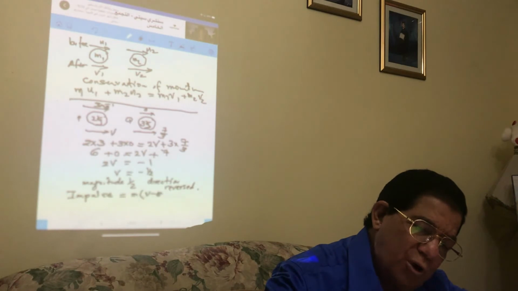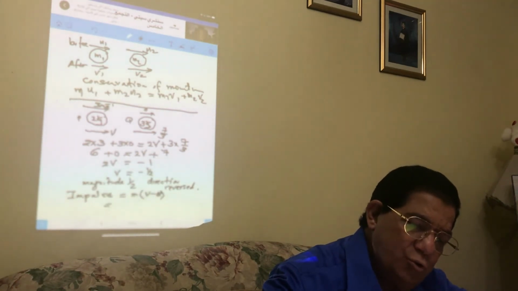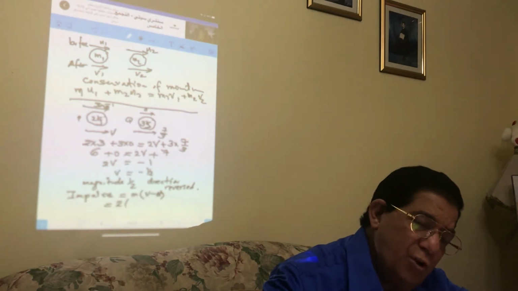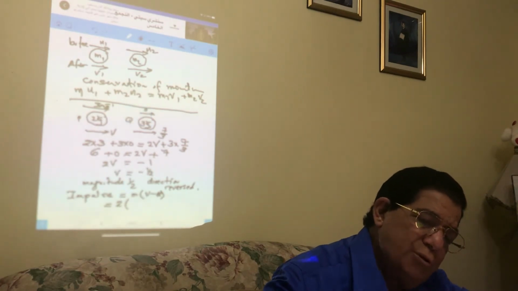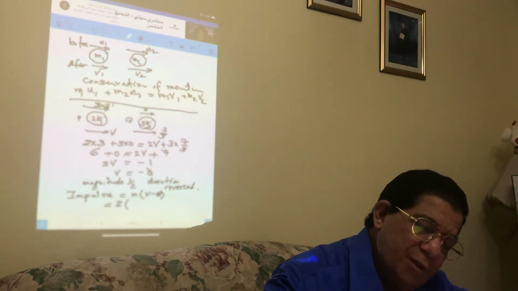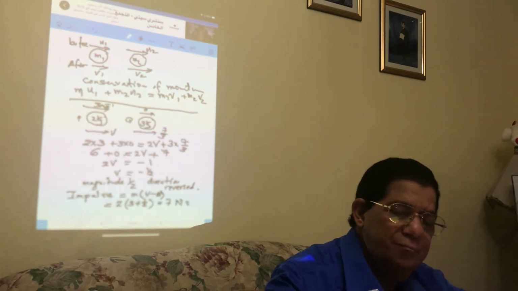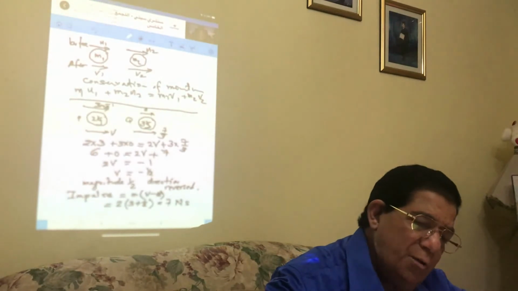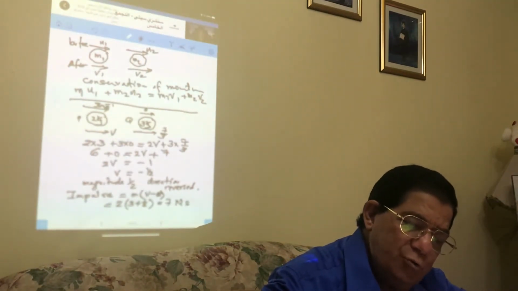I have always tried this rule. The two velocities are in opposite direction, and because of that, we add them, 3 plus half. Therefore, the answer is 7 Newton second. By the way, this is the impulse of P on Q, and it is also the impulse of Q on P.